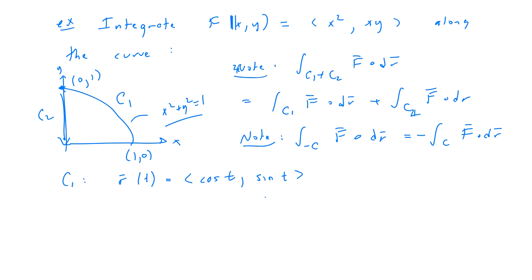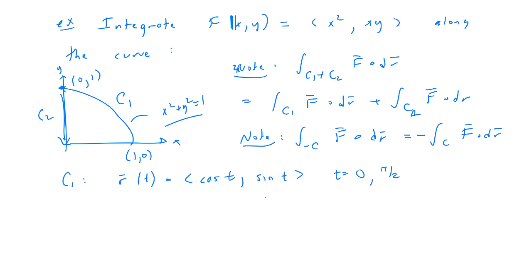And now we just have to say for what values of t. So at 1, 0, so what are the limits for t? So we start at 0, and we end at, again, pretty obviously, pi over 2. Yep.